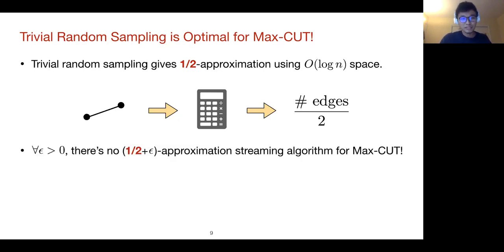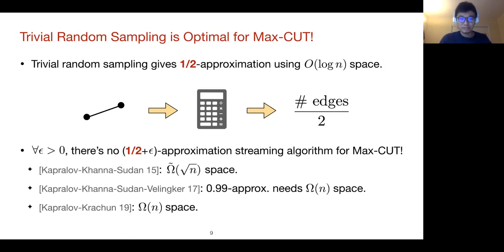However, interestingly, in the streaming model, people can show that this is necessary. Concretely, for any constant epsilon greater than 0, giving a half plus epsilon approximation streaming algorithm for Max-DICUT requires linear space, by the famous result of Kapralov and Krachun last year.